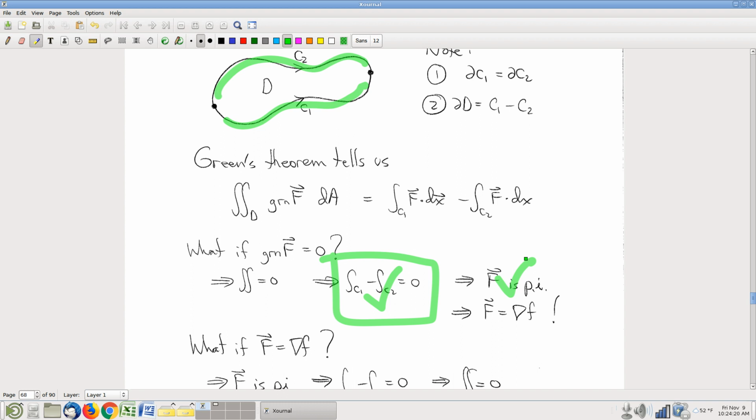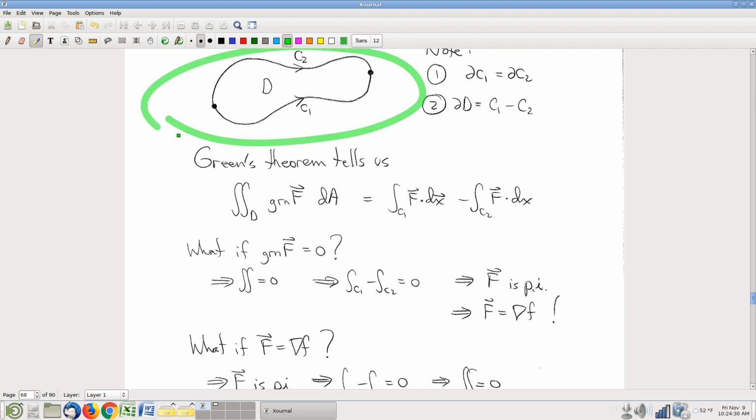So do you just have to prove that two curves have the same value? Because what if two curves have the same? Yeah, but this applies to any situation. I mean, I only draw one such picture, but the point is, this argument would apply to any such picture that I could draw. So you may be thinking about, what about this other pair of points and this other pair of curves that start and end at the same point? Same result.